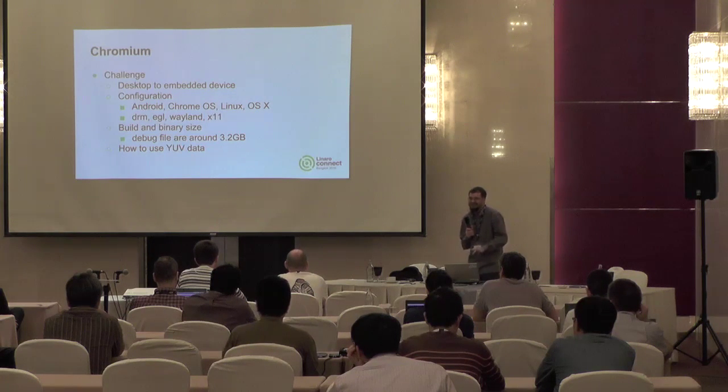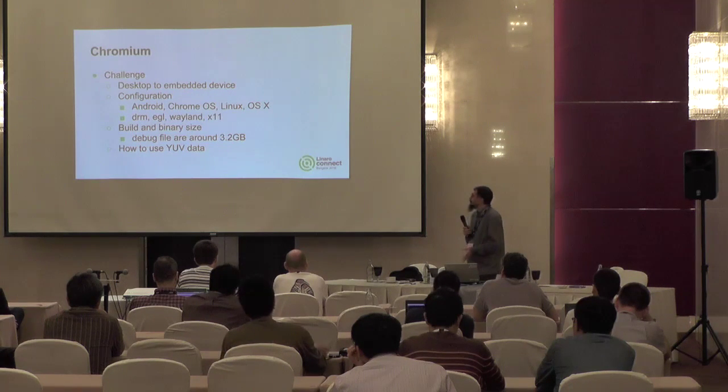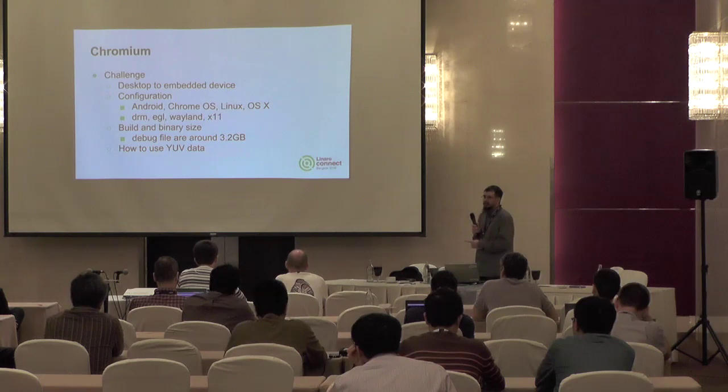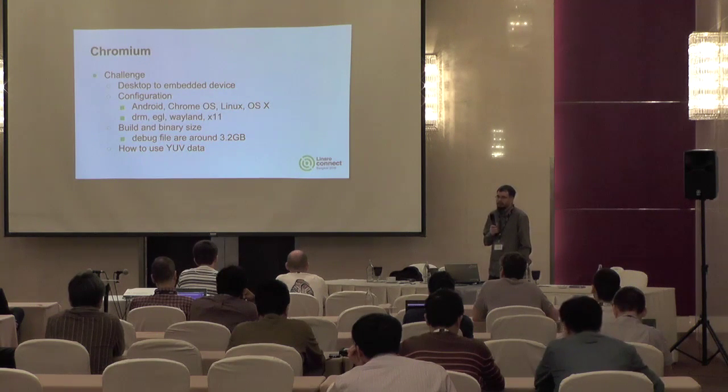It's awful. At the end we have a binary with debug information of around 3.2 gigabytes, which is awful if on the product you have only a little SD card or eMMC. We always need to strip it to push it onto the board. It's an issue because it's difficult to use with GDB, but we have a lot of traces available in Chromium to do the debugging.